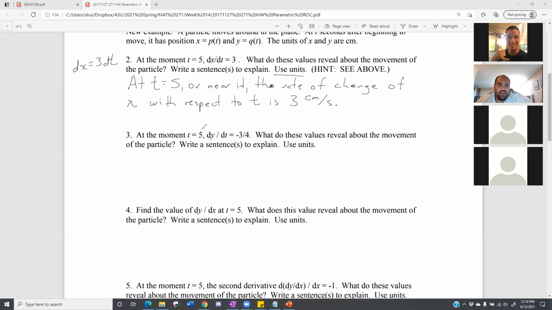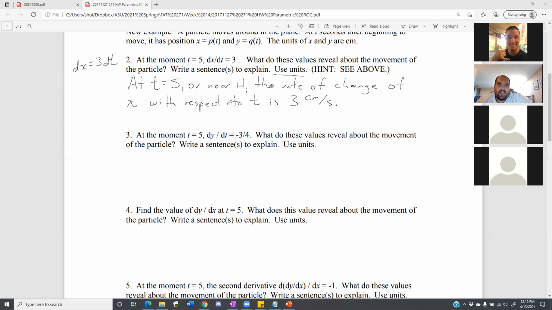Similarly, we can say something about dy dt. The simple version would be to just substitute y for x and negative, and however you want to write the rate, but now it's -3/4 instead of +3. Yeah. And in fact, let's be a little more descriptive about this.